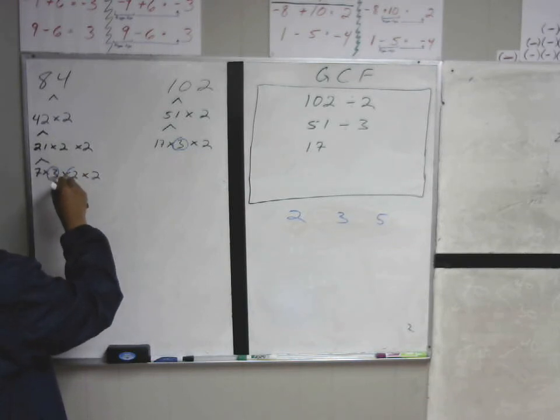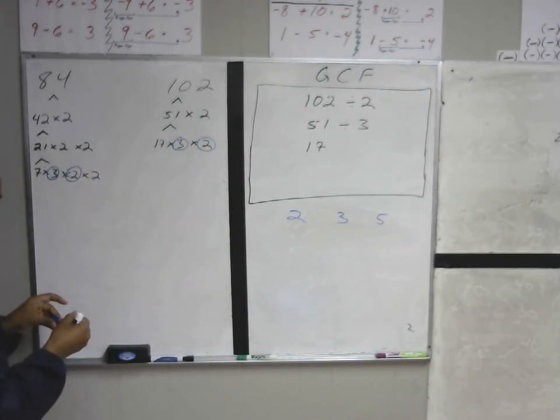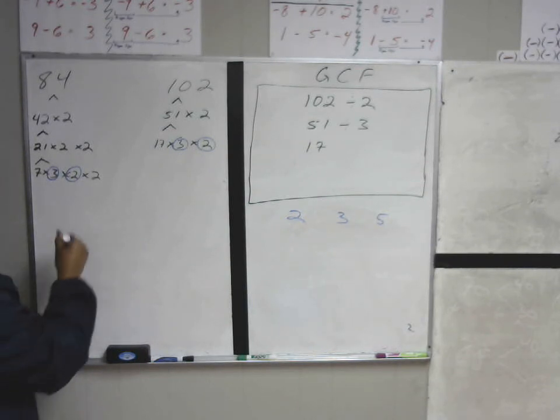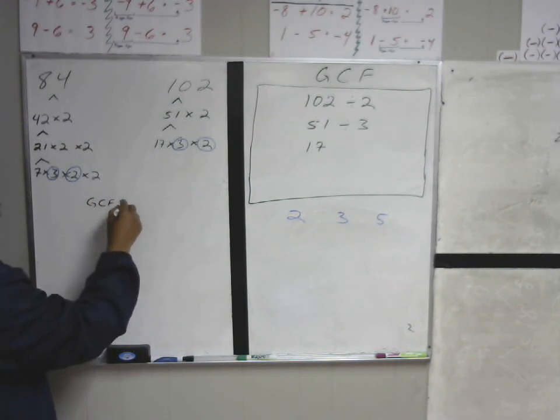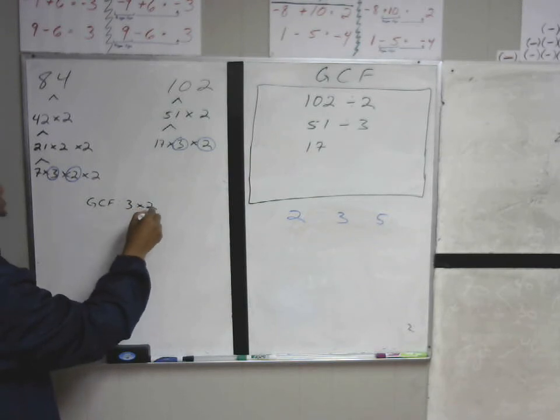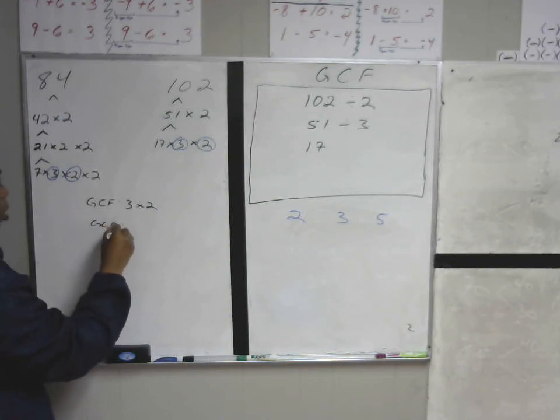Those are common, and that's the last thing that's common. So the greatest number of common factors would be 3 and 2. Those are the greatest common factors, and 3 times 2 gives us the greatest common factor of 6.